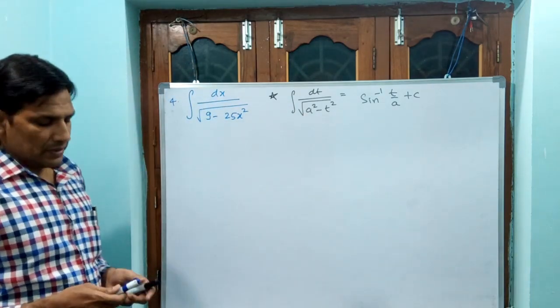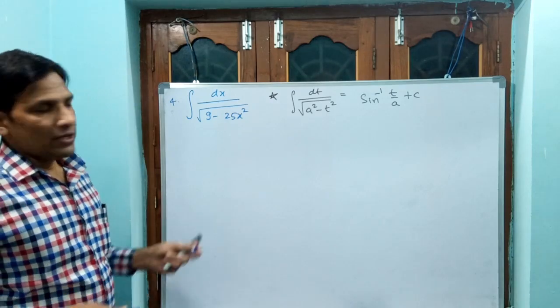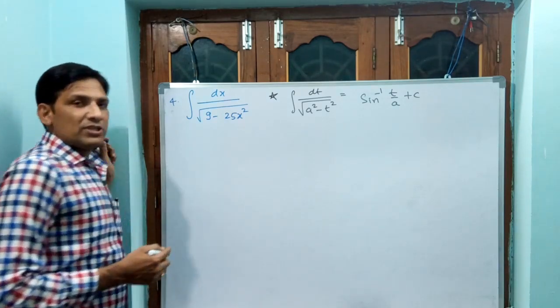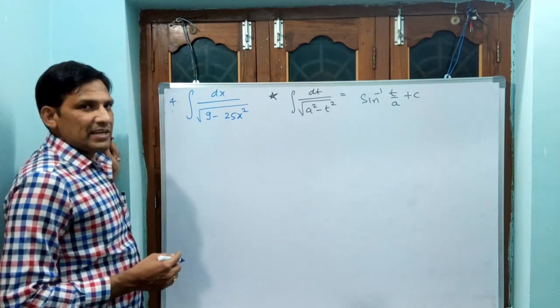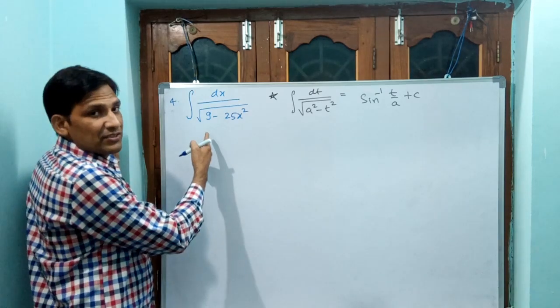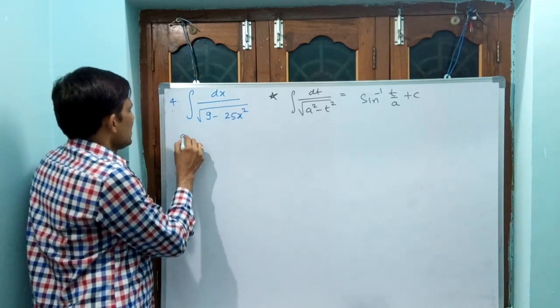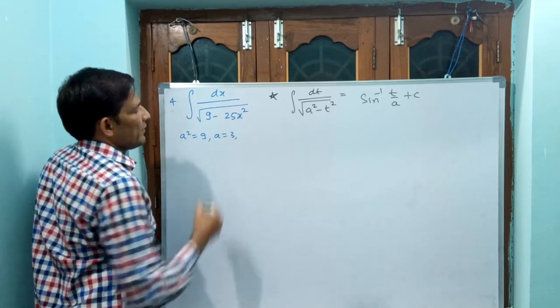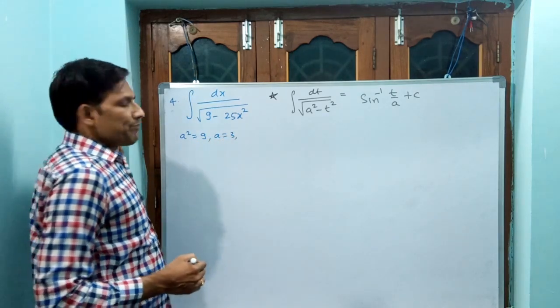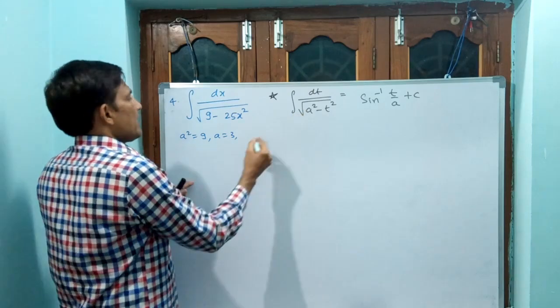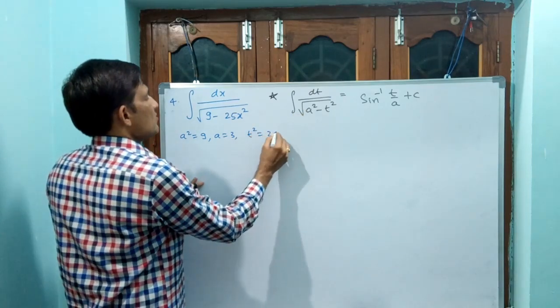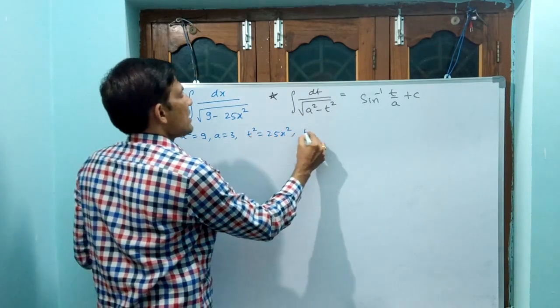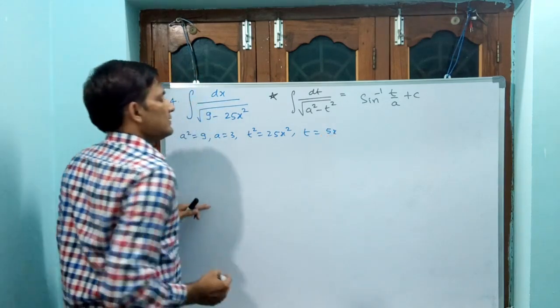Okay? Okay. Now come back again. You see here, unlike earlier questions, a is not 1 here. a is 3. See how I am writing. a square is equal to 9, comma, a is equal to 3. Then again, t square is equal to 25x square, comma, t is equal to 5x.